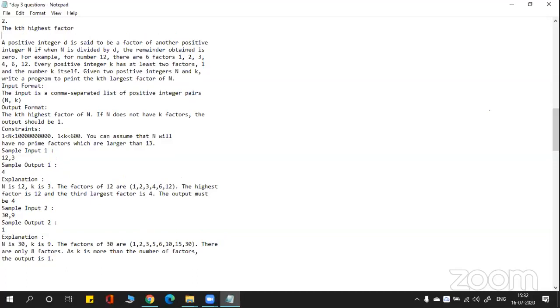The main thing, if you need to write a program, first you should understand the question. Without understanding, it is not possible to write a program.